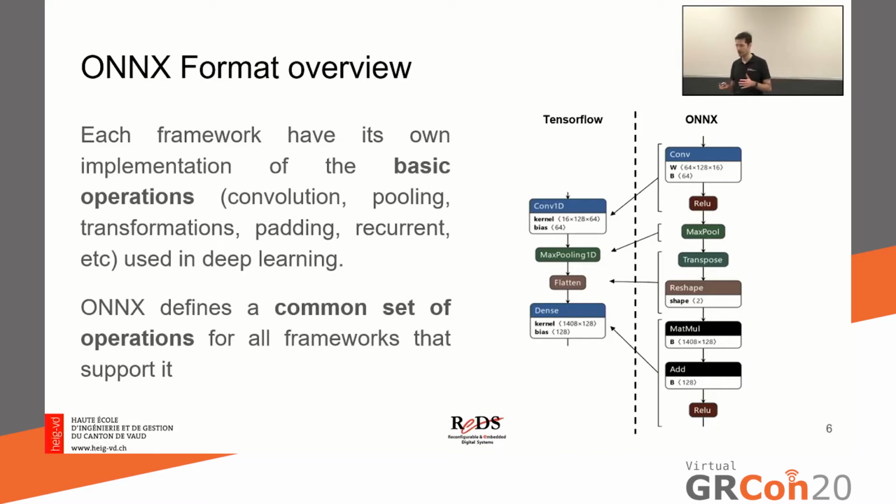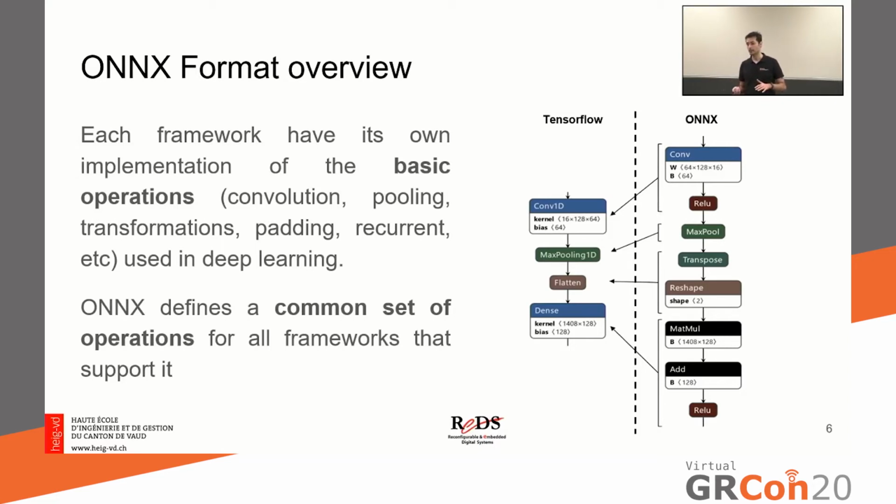So for example, here in the image you can see the same part of a deep learning model in TensorFlow and in ONNX. On the left, we can see that a convolutional operation in TensorFlow is translated into a convolutional operation in ONNX plus an activation function, which is in this case ReLU.